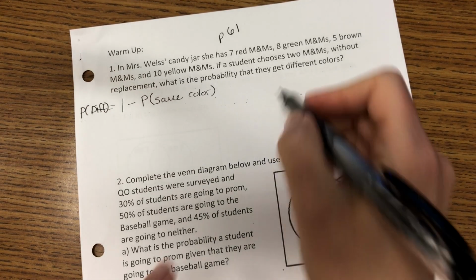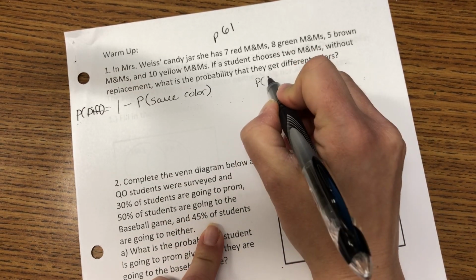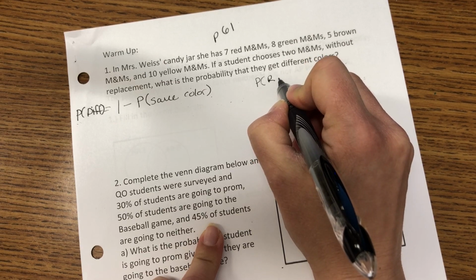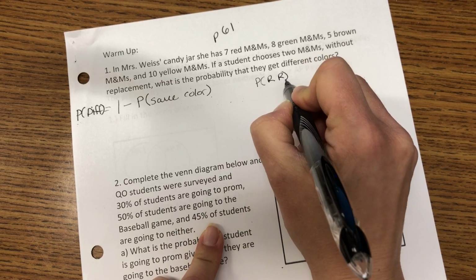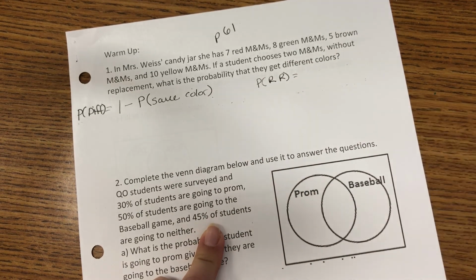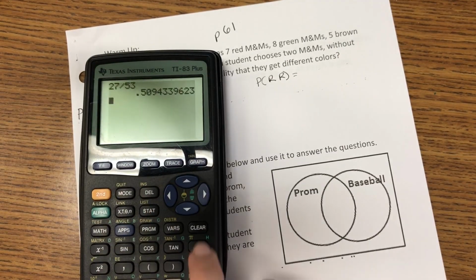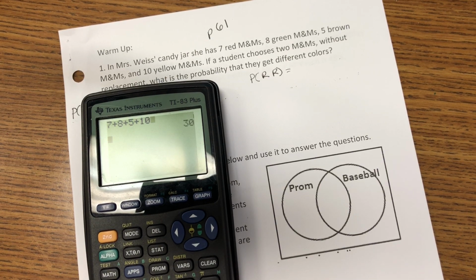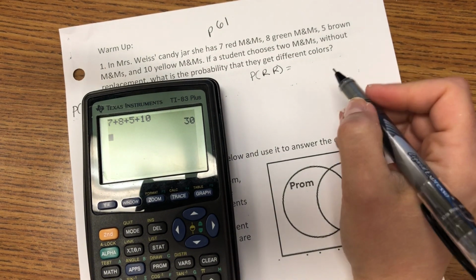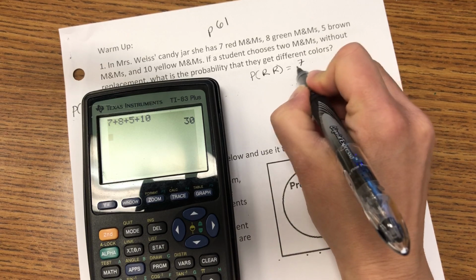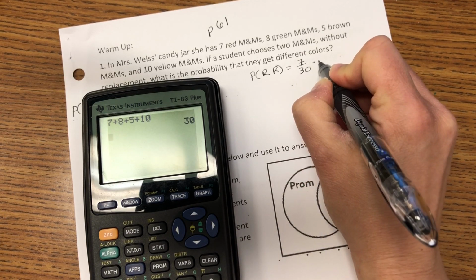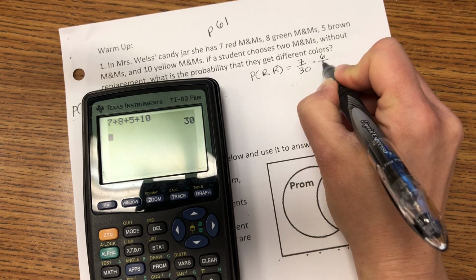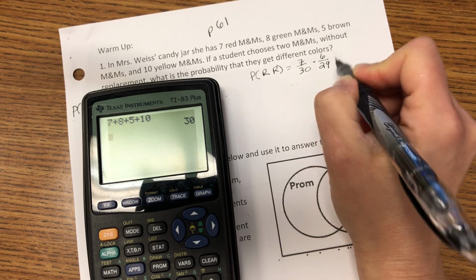Okay, so the probability of same colors is going to be the probability of red and then a red. So let's see, we have 7 plus 8 plus 5 plus 10. So we have 30 M&Ms. So that's going to be 7 out of 30 times 6 out of 29.